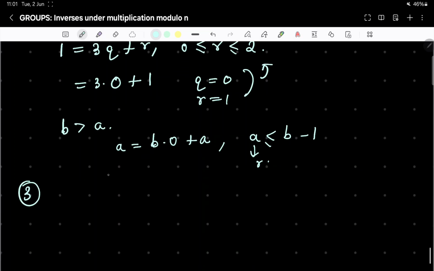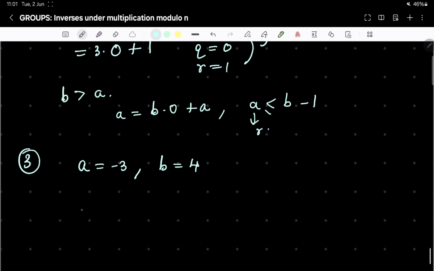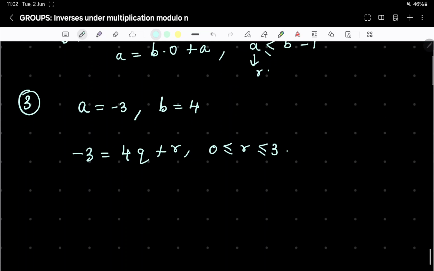Third one: we have not given any restriction on A, so A can be a negative number also. Take A equal to minus 3 and B equal to 4. Then minus 3 equals 4Q plus R, and R is up to 3. So you need to choose wisely. Q can be anything, but it needs to be an integer.